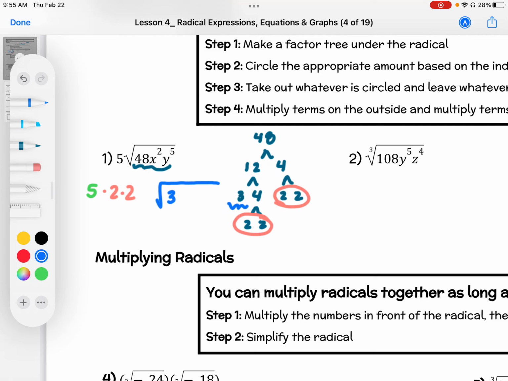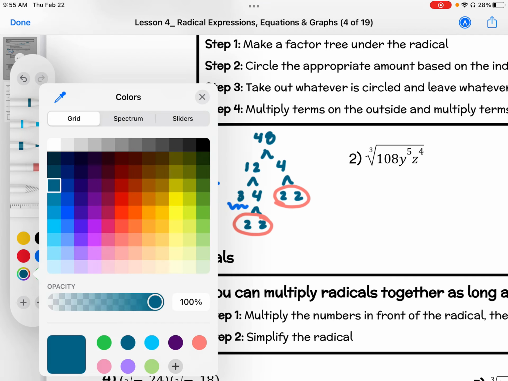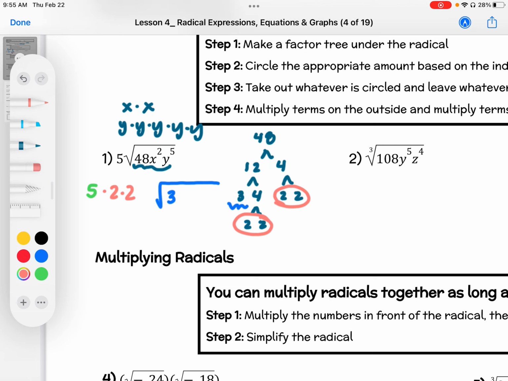Then we can do the same thought process with our x's and y's. If you write out all of your x's, we have 2 x's, and we have 5 y's. All of those are being multiplied together, and we're looking for groups of 2 because it's a square root. We have 2 x's, which means we'll have 1 x on the outside, and then we have 2 groups of y's, so we're going to have y squared on the outside.